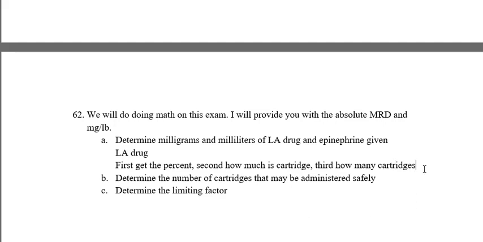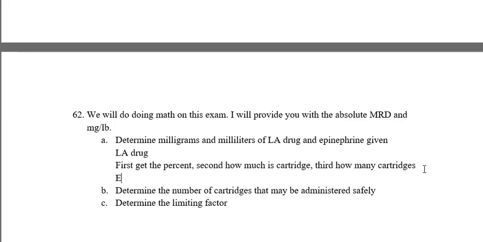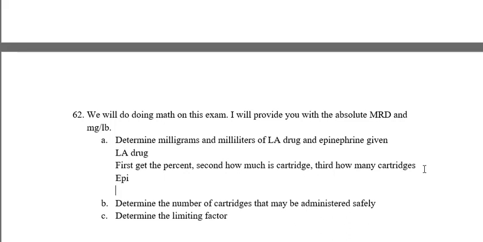And now for epi. It all will be 1 to 100,000. So first, get the equation. It's 0.01 milligrams of epi over 1 milliliter of water. So you have to know that first.